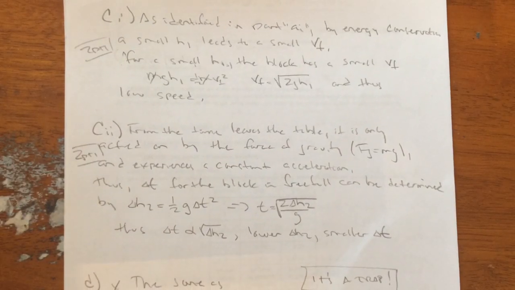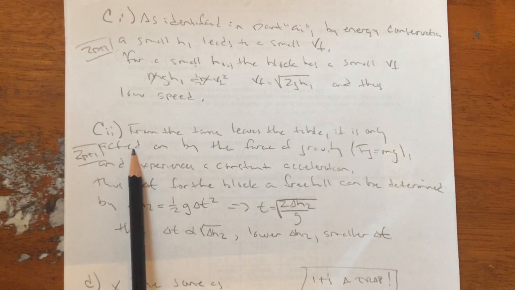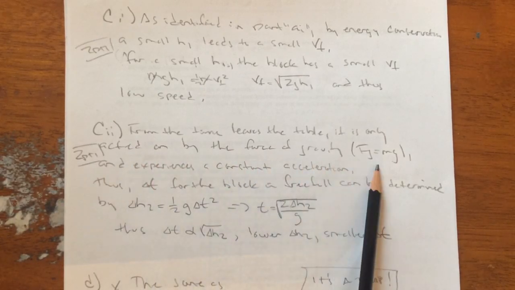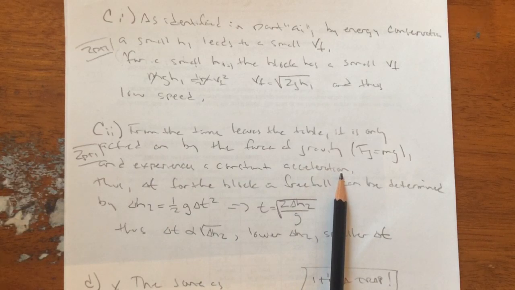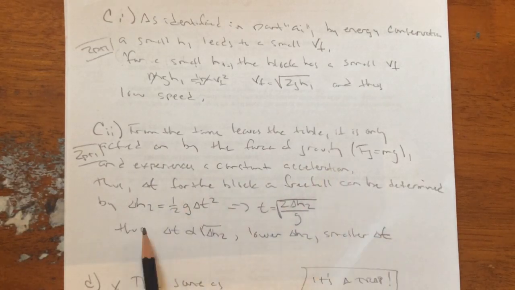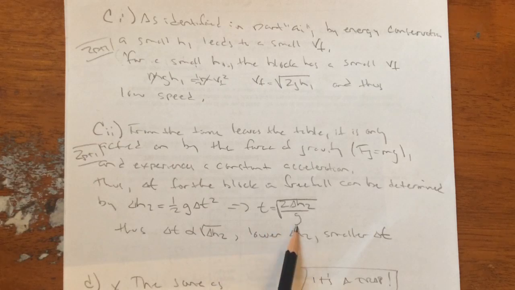CII. Similarly, time leaves the table. Only force acting is gravity. Experiences a constant acceleration. Thus, change in t for free fall can be determined. Change in h2 equals 1/2 g, change in time squared. You're going to, again, you already wrote it.